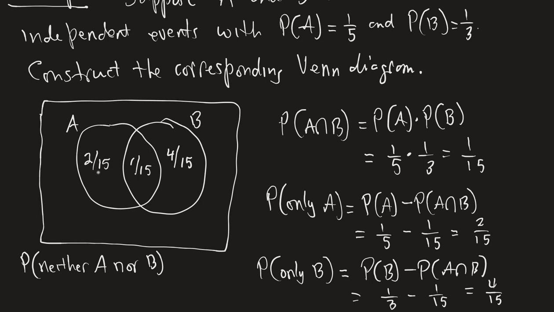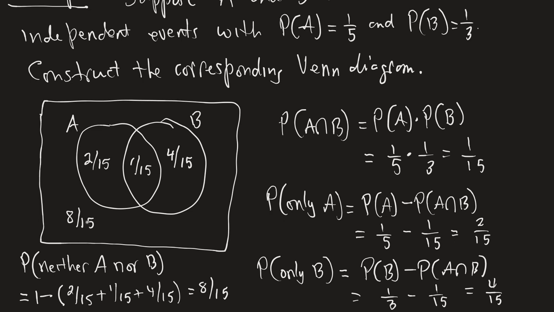We know what adds up inside the circles, so the difference between 1 and the sum of these probabilities will give us the probability of neither A nor B. So let me write that down. It's 1 minus the sum of what we've just figured out: the 2/15ths, the 1/15th, and the 4/15ths. And that's, so what's that? That's 7/15ths. So 15 minus 7, that's 8. So 8 over 15 goes outside.